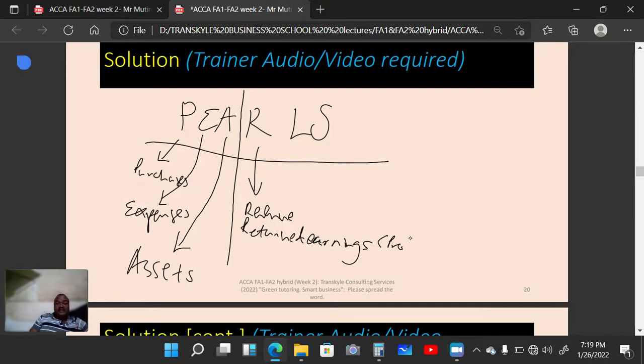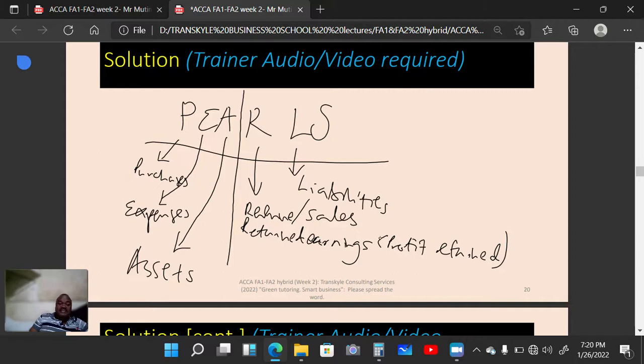Let me just say profit retained in the business are revenue or retained earnings. But normally, when we talk of revenue, we are also talking of sales. Then L stands for liabilities, which are obligations the business has to settle, when it purchased goods on credit or when it did not pay for its expenses.